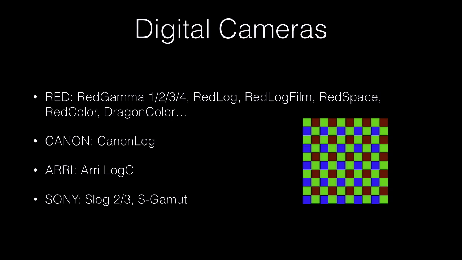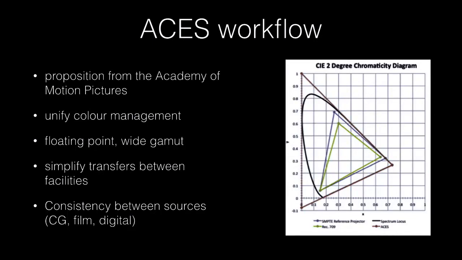So the proposition from the Academy of Motion Picture is to first draw a color space that has a very, very wide gamut. As you can see on this diagram, we have negative values for the blue, and technically with the red and green, especially the green, we have values that go beyond the visible locus.